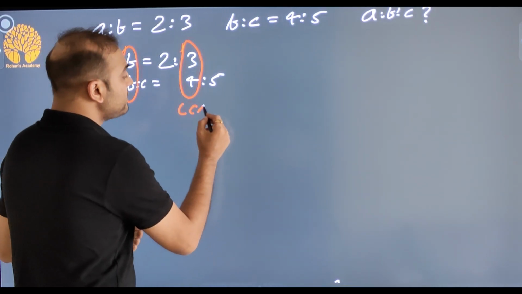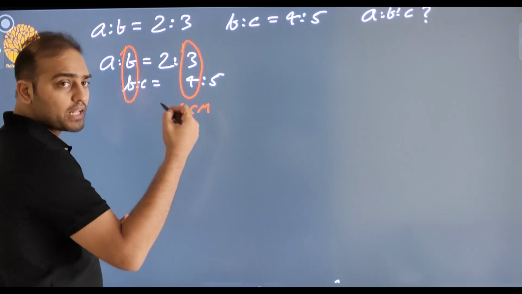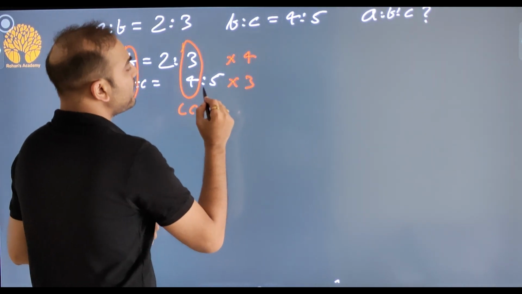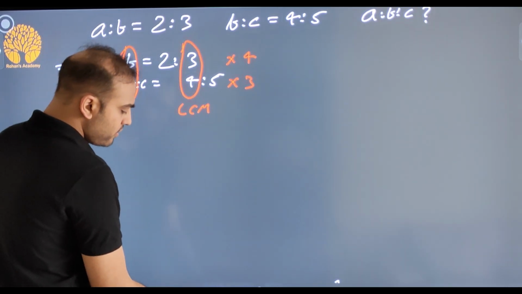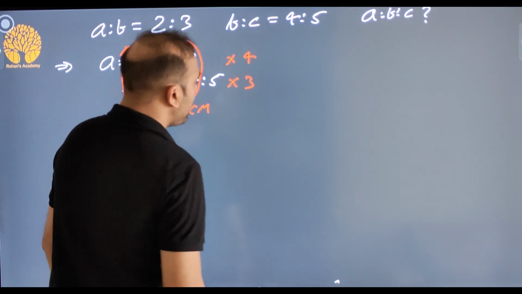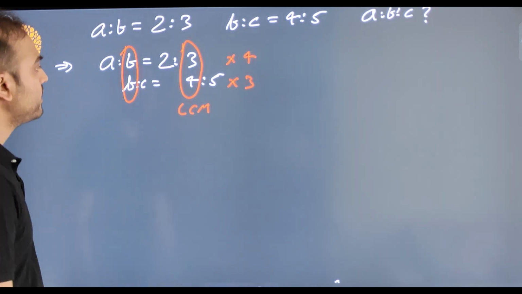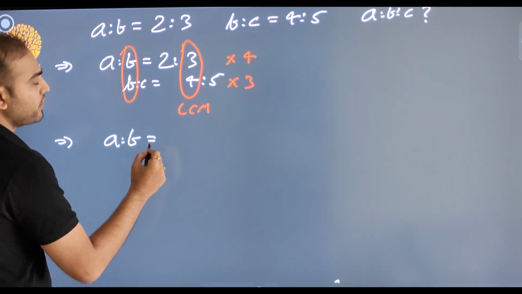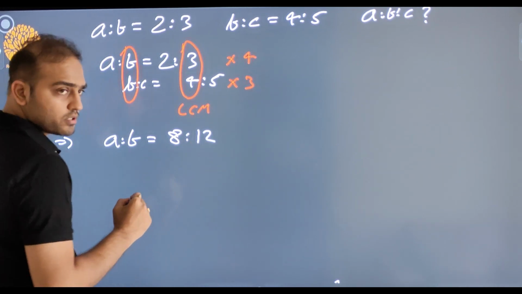We do LCM. 3 and 4 LCM is 12. So we multiply this by 4, multiply this by 3. So what do we get? We get A is to B is 8 is to 12.